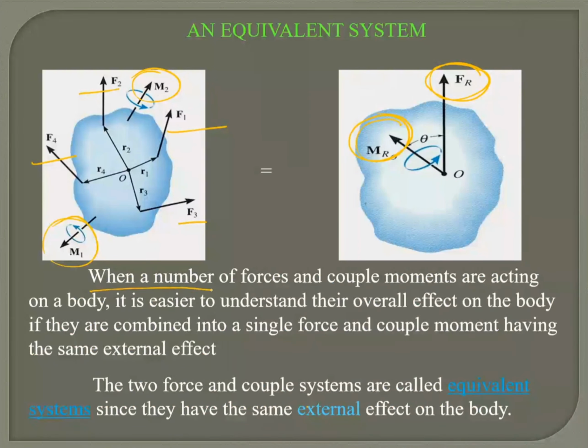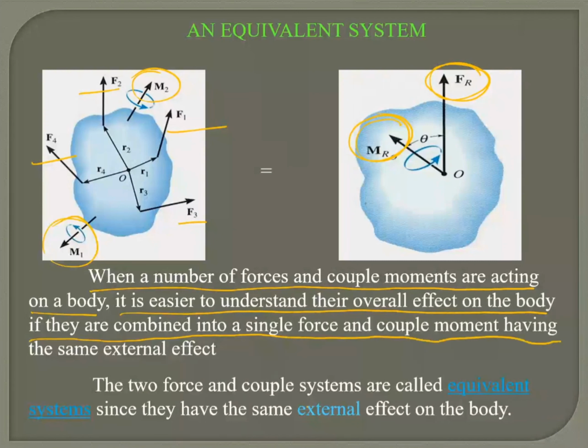When a number of forces and couple moments are acting on a body, it is easier to understand their overall effect on the body if they are combined into a single force and couple moment having the same external effect. The two force and couple systems are called equivalent systems since they have the same external effect on the body.